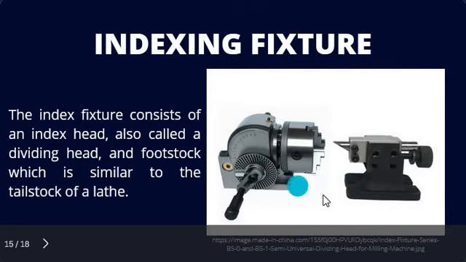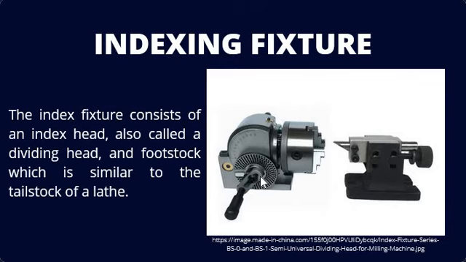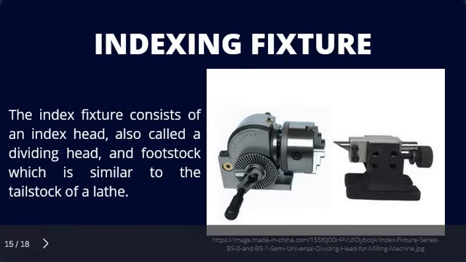So to cut every tooth, you have to rotate this crank 1 turn for every cut, so that the 40 teeth will be cut and divided equally around its periphery. Okay.